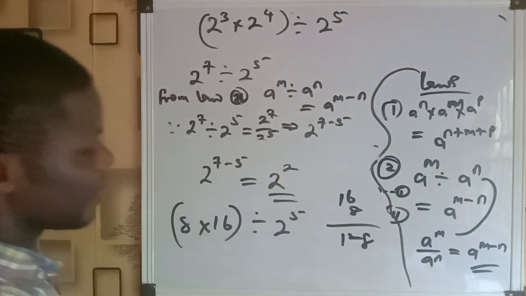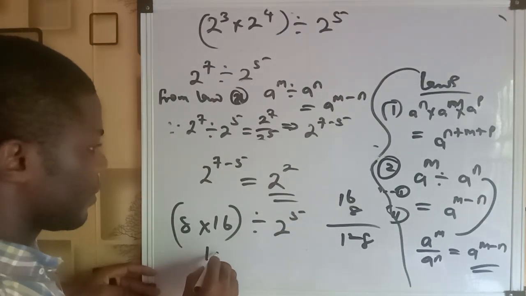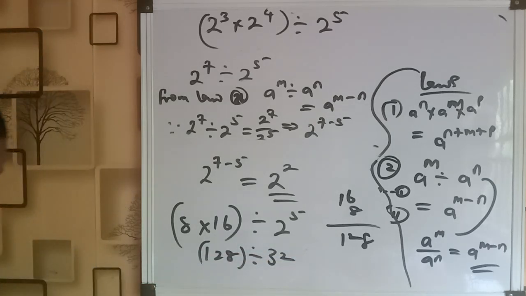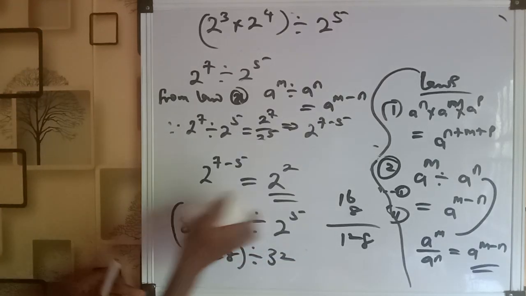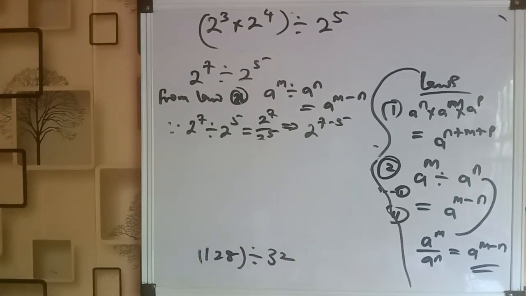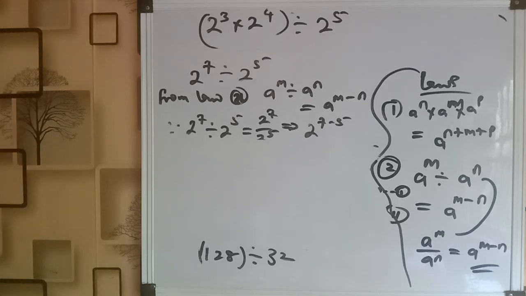And then 2 power 5 is 32. So you have 128 divided by 32. Okay? So this is just the linear form. But in your exams, if you are to show working, you should follow the laws of indices. Don't solve it like this in your exam.